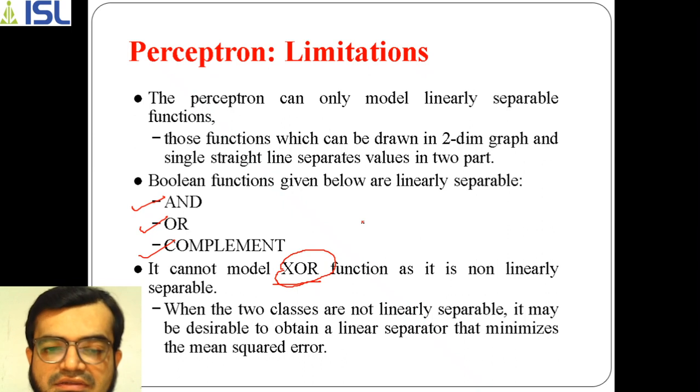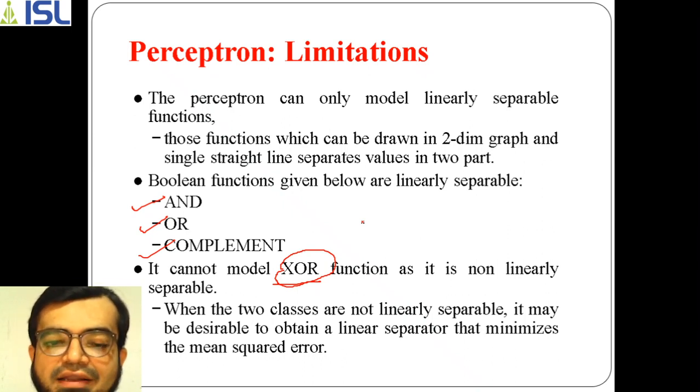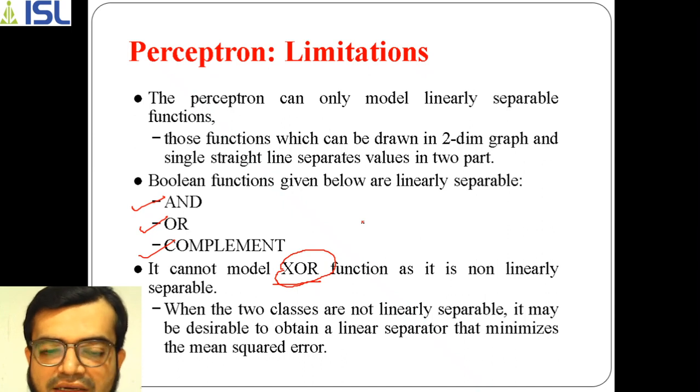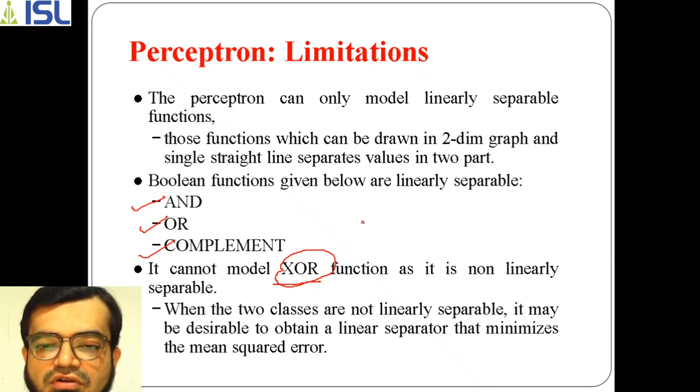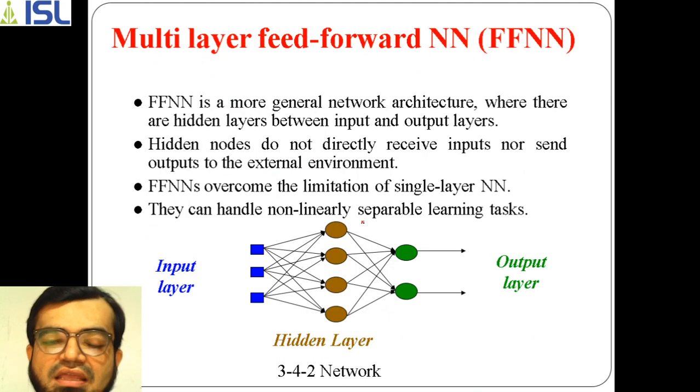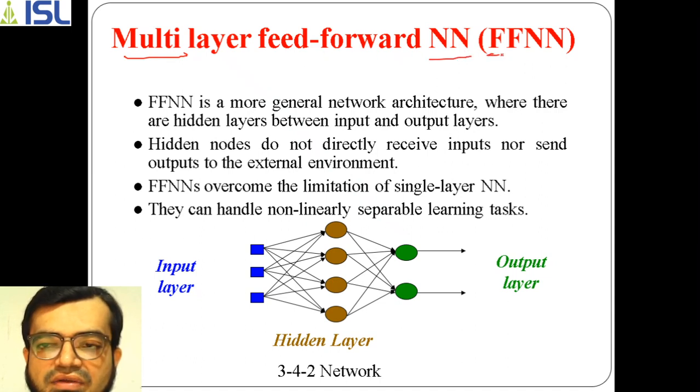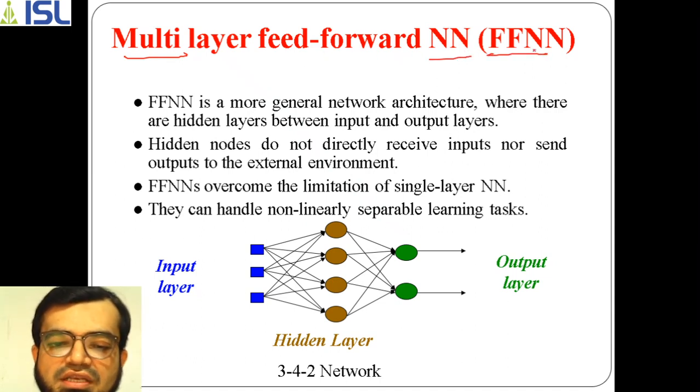Now coming to the limitations of the perceptron. As I said, it won't handle the XOR function, because the XOR function is not linearly separable. So for that, we take the next kind of network, called multi-layer feed-forward neural networks, or you can simply call them feed-forward neural networks.